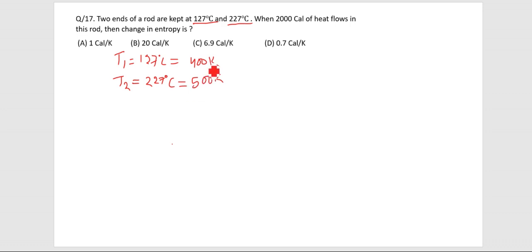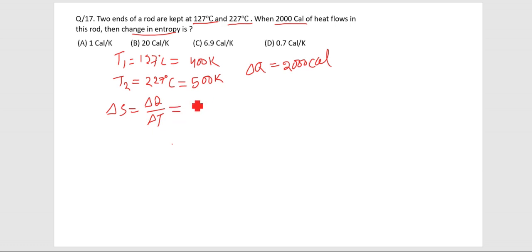And the next part is given that heat flow is 2000 calorie. So del Q is given by 2000 calorie. The question is asking to find out the change of entropy, that is del S. So we know one formula, that is del S is equal to del Q by del T. That is the change of entropy formula.